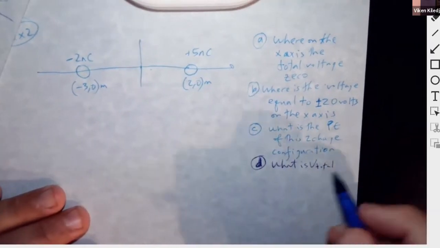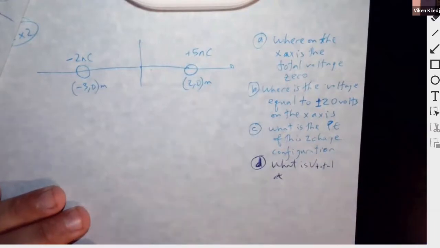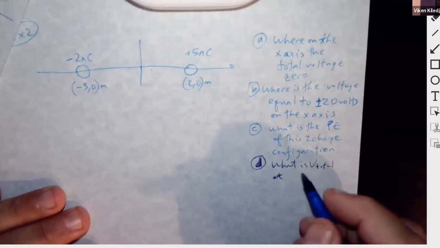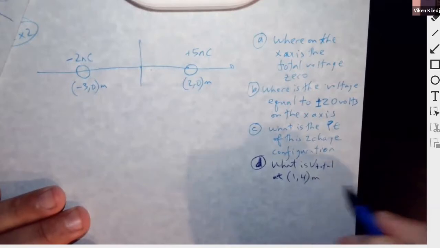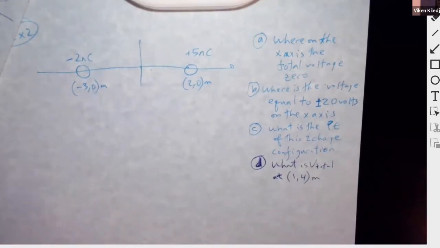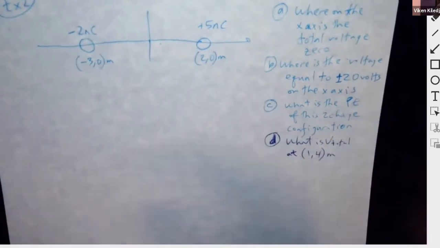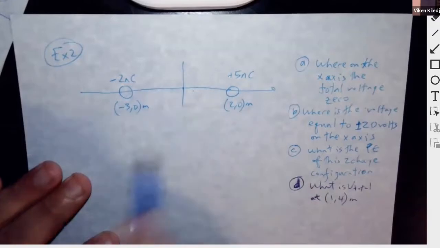So we could say, what is V total at, let's just say, 1.4 meters. Okay, then if I feel the need, then we can add more questions as we proceed. So where on the x-axis is the total voltage 0.